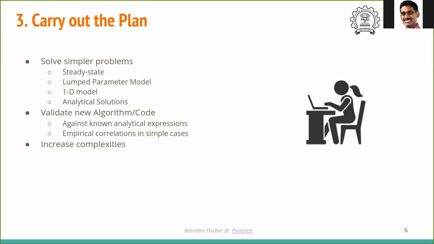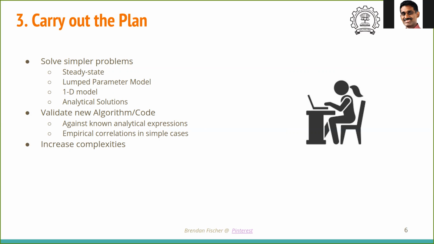Now if you go to the computer directly to solve it, it might be very complicated. But before going to the most complex problem, you can solve some simpler problems, which again you have to solve, but it's simpler.